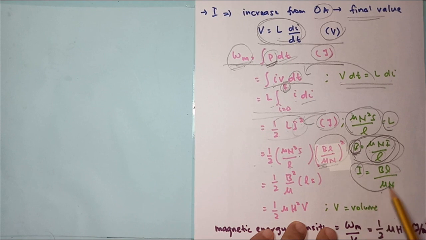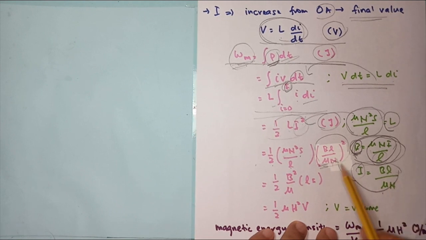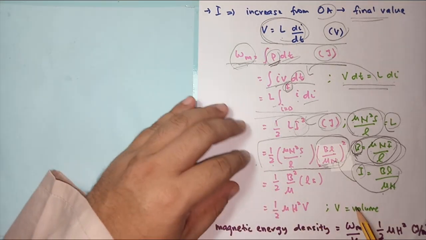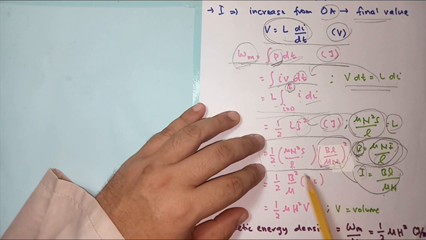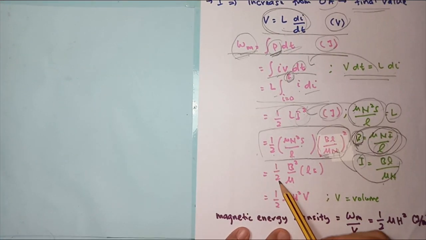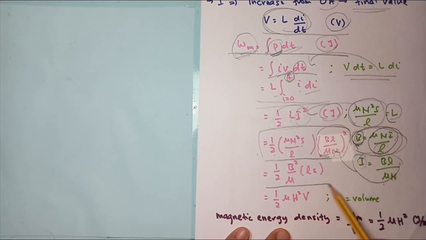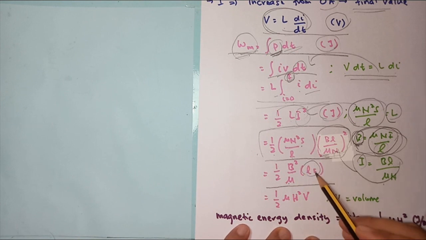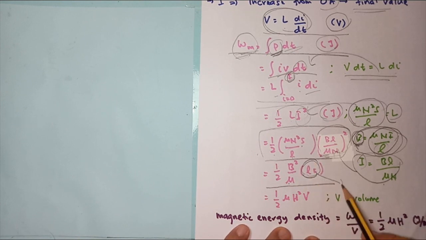By replacing this expression inside the equation and solving, the magnetic energy can be represented as half B squared divided by mu multiplied by LS. This LS is equal to the volume expression for a solenoid.